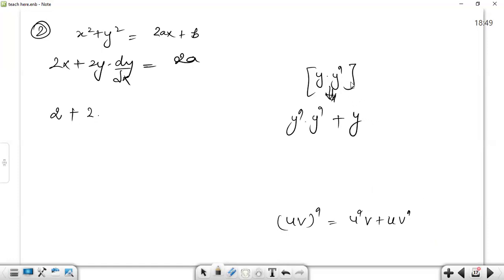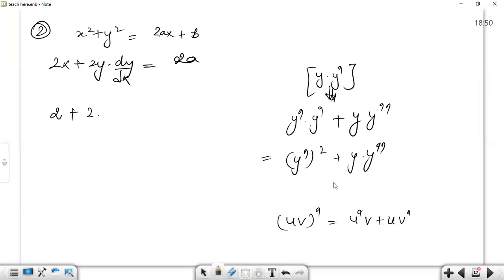Differentiation of dy by dx will be the second order derivative. If we differentiate this term once again, it will be a double order derivative. So this has become y dash square plus y into y double dash.